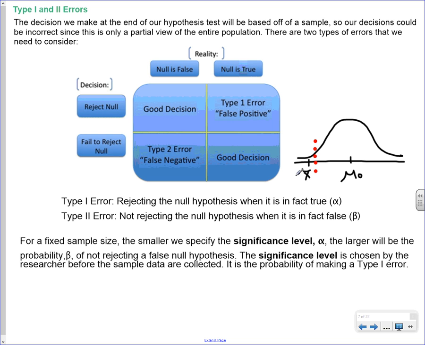When we calculated how far away our statistic was, it was over here. It was in the rejection region, so that means I'm going to reject. If I reject, then that means one of two things. One, I made a good decision. If I reject the null, and this really is false, it really isn't the mean of the distribution, then I made a good decision. But it's possible, let's say if my alpha is 5% here, let's say alpha is 0.05.